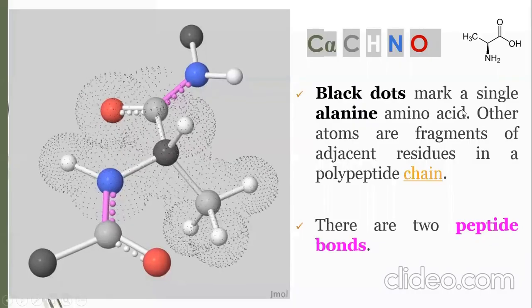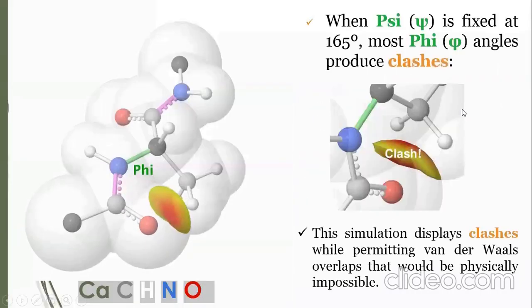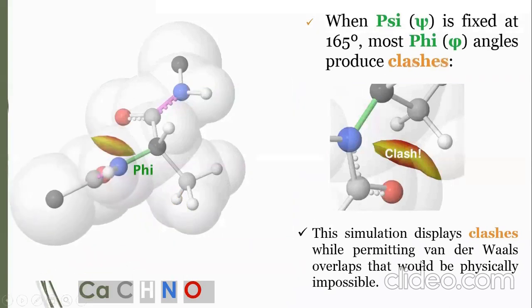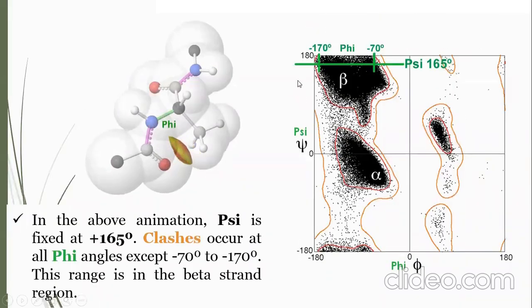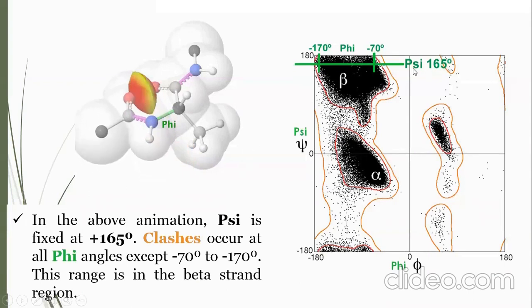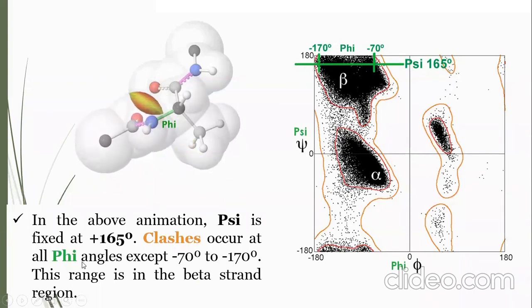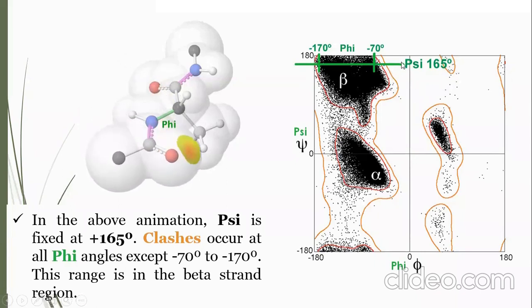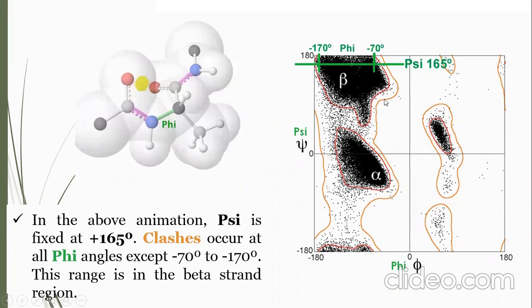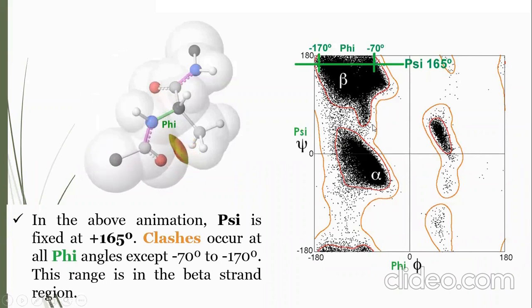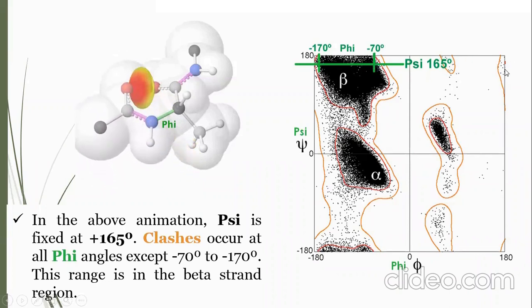Okay, we are done with that. Now here you can see psi is minus 165, and that is fixed at 165. Clashes occur at phi angles except minus 70 to minus 170. Minus 70 is here. Those are possible for phi, and the rest are not possible.